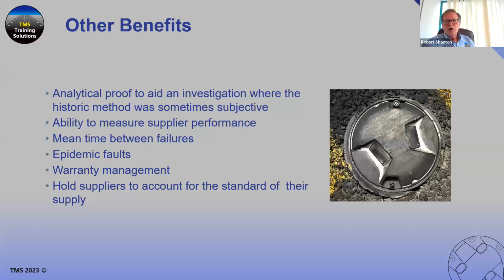Again, we're trying to get away from previous methods, which were historically somewhat subjective. You're able to measure supplier performance of whatever components they may be, and work with your suppliers to address any issues based on the data.